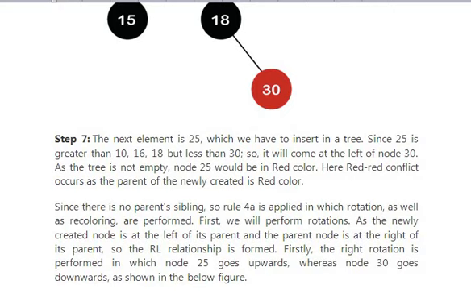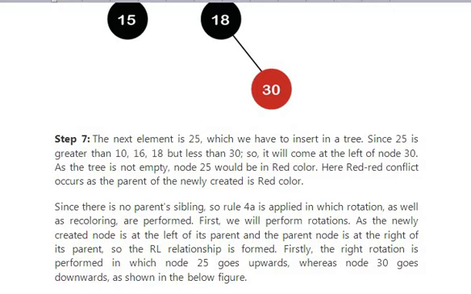Since there is no parent sibling, we will perform rotations, as the newly created node is at the left of its parent and the parent node is at the right of its parent. So RL relationship is formed.